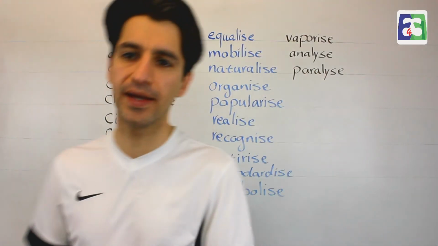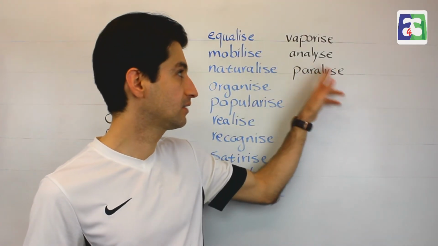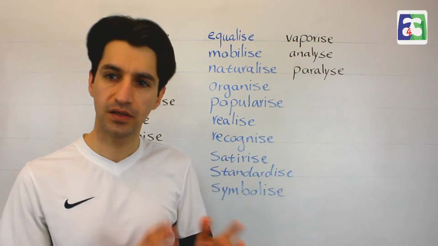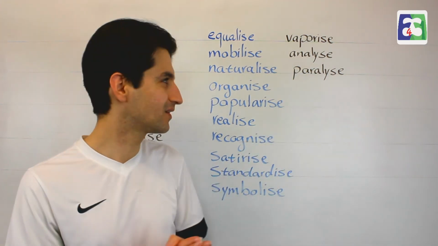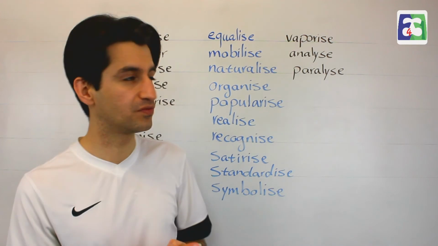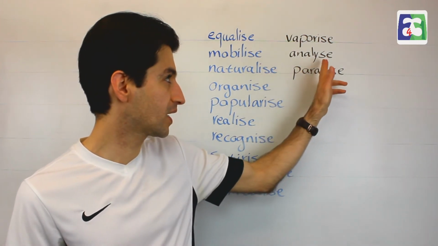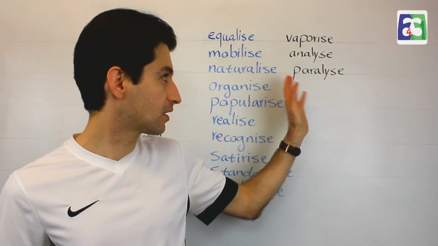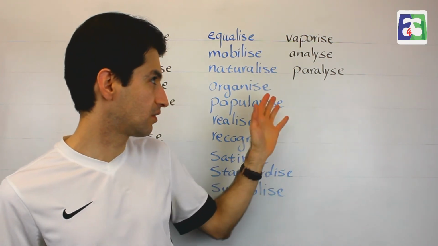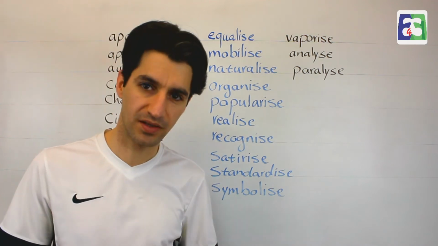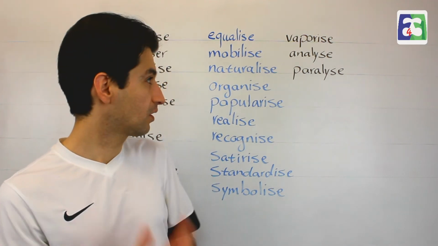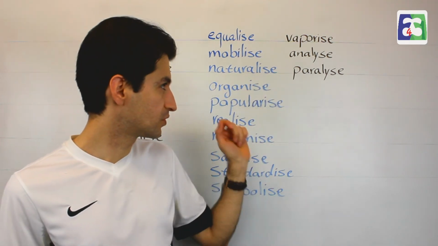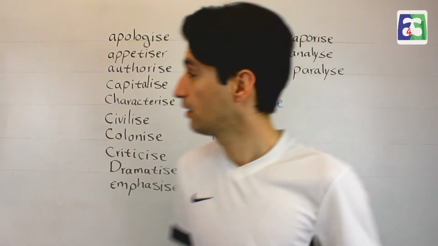Two of them end in YSE, analyse and paralyse, these are British spellings. We've got the same words with YZE in American English, analyze and paralyze. The other ones are ISE in British, IZE in American.